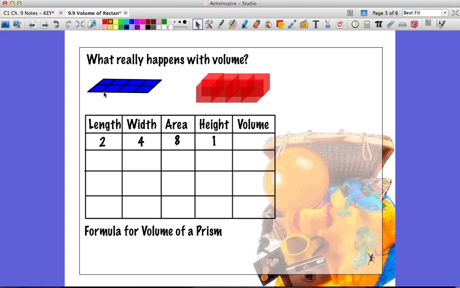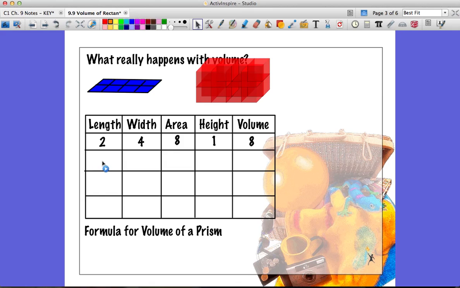Okay, so because this doesn't build upwards, this has no volume. But if we bring it over here and make it 1 cubic unit tall, then we have a volume of 8 cubic units.